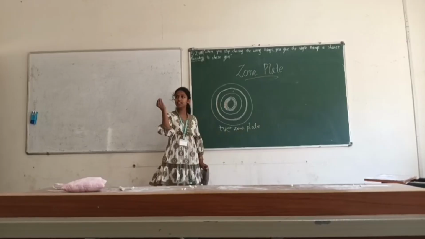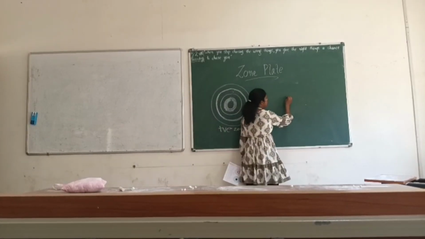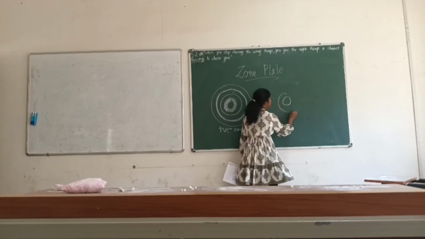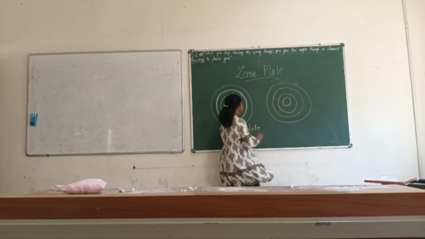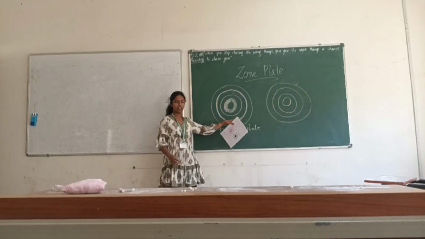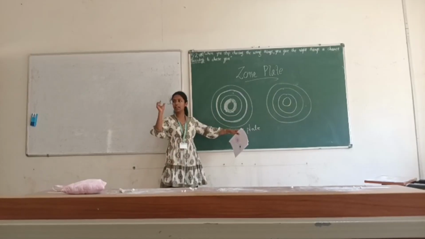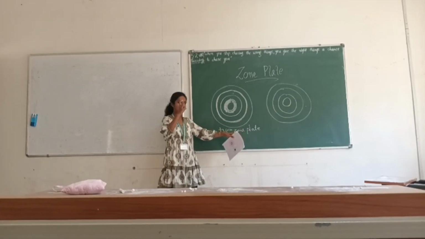Next we will discuss the negative zone plate. In a negative zone plate, this will be just the opposite. The first one will be darkened, or seen as black.